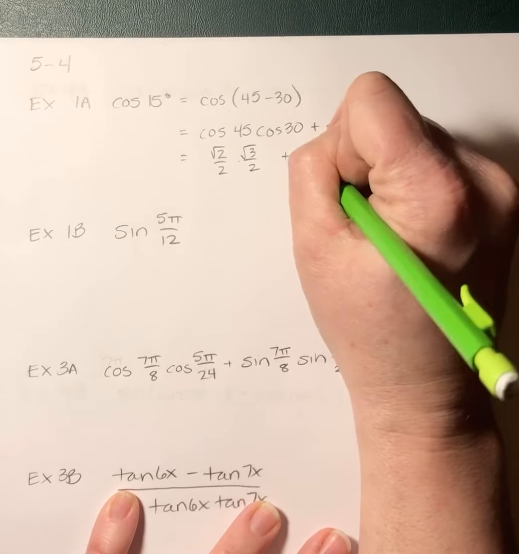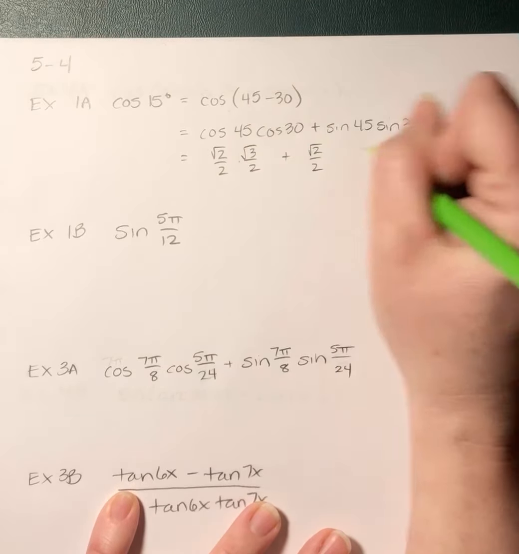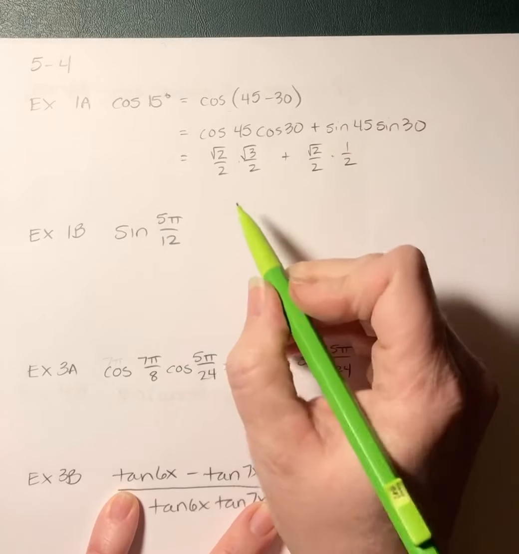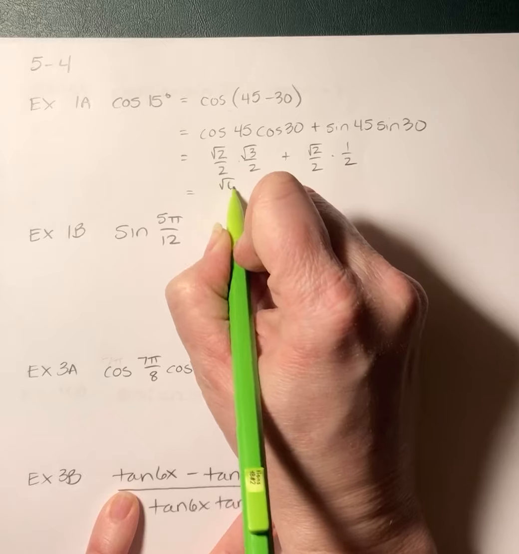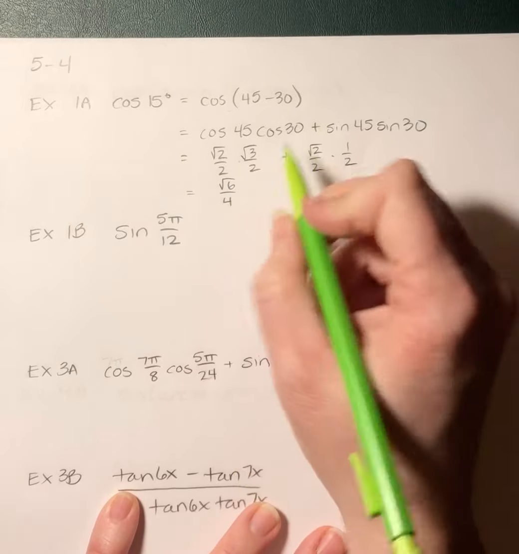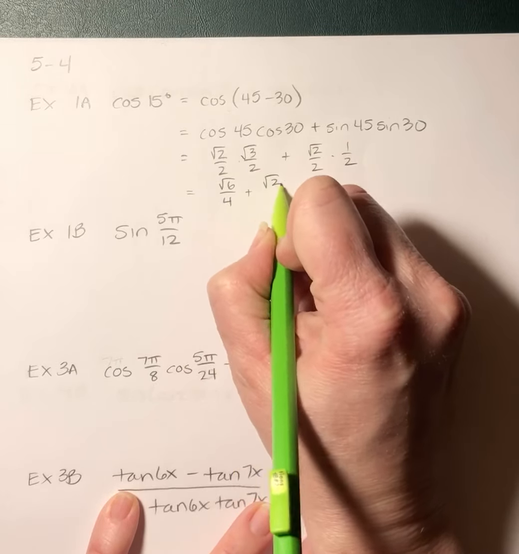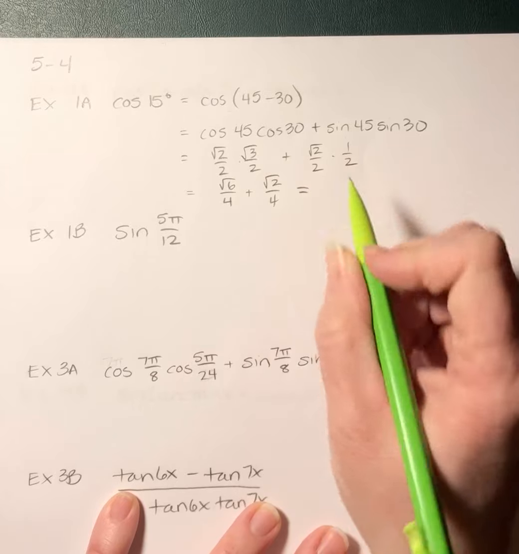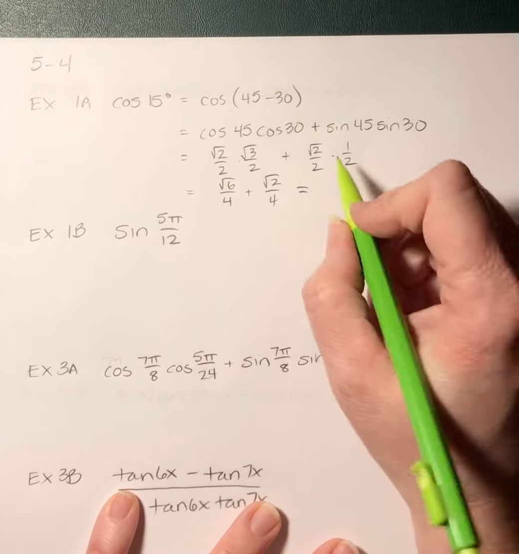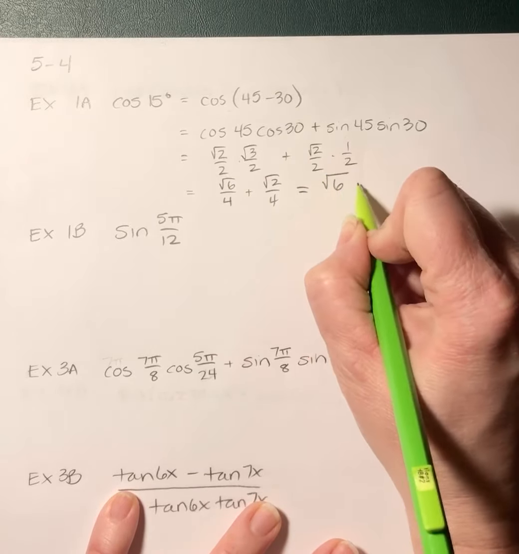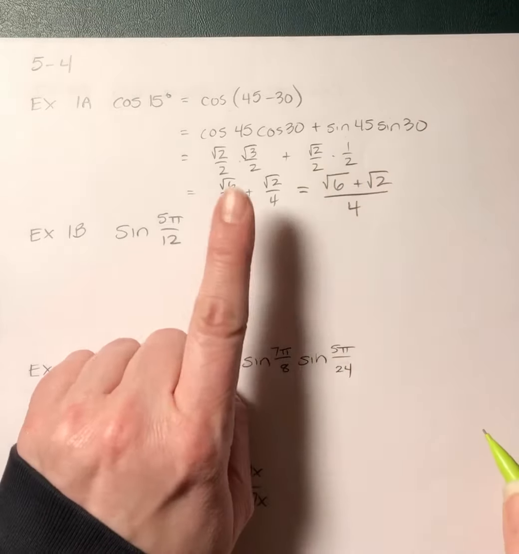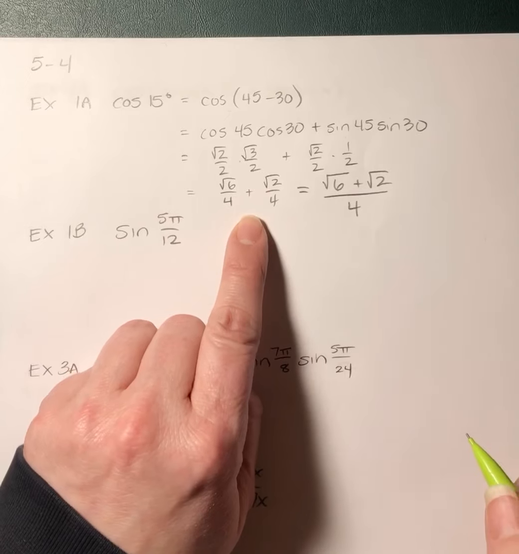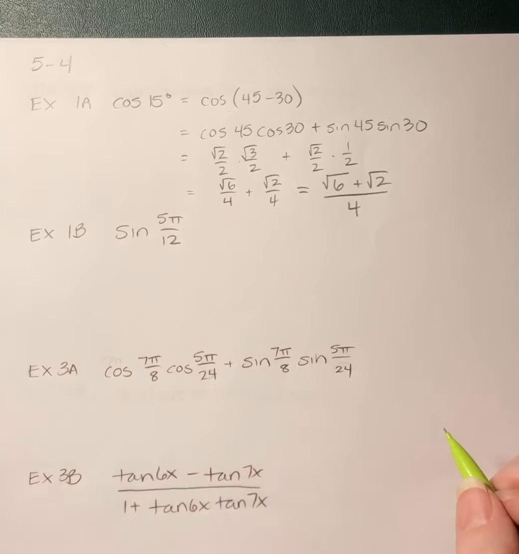Sine of 45, square root of 2 over 2. Sine of 30, 1/2. So this gives me the square root of 6 over 4, and this gives me the square root of 2 over 4. They're probably going to write the final answer as a single fraction, square root of 6 plus the square root of 2 over 4. Most of the time when you get done, you will have a common denominator already.